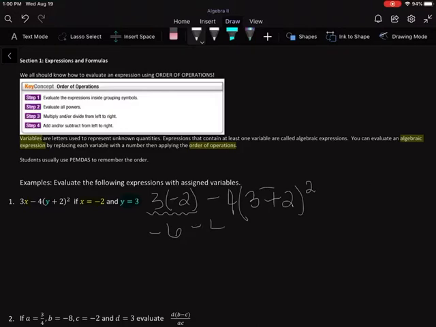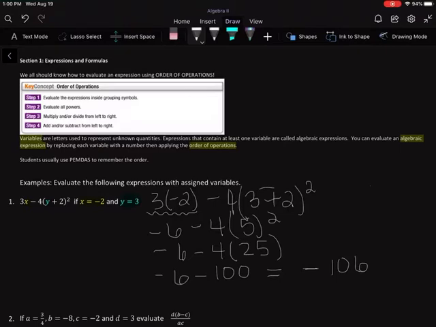So -6 times 4 times 5 squared. And then we have -6 minus 4 times 25. And then -6 minus 100. And what does that equal?